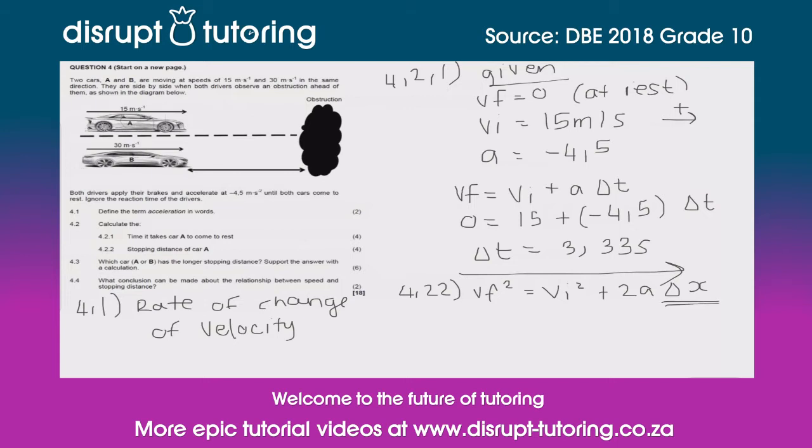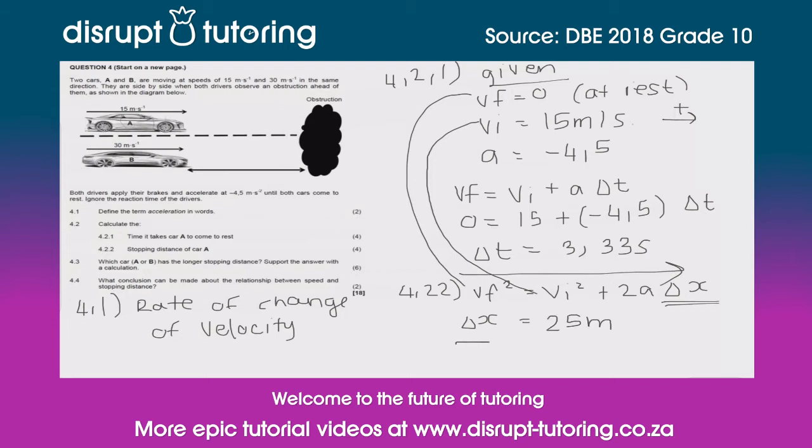We know what Vf is from here. We know what Vi is as well from just underneath that. And we know what the acceleration is. We know that that's minus 4.5. So if you plug that all in, you eventually get an answer. Change in x is 25 meters.